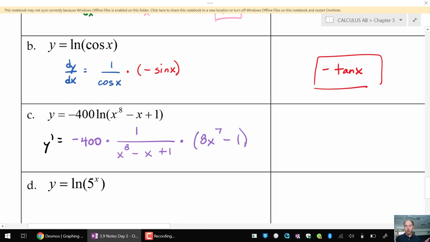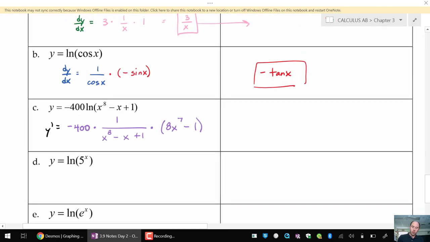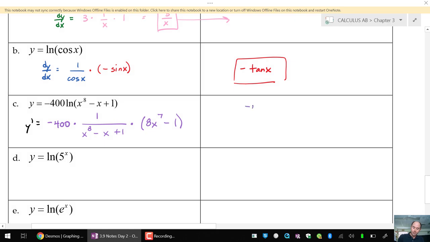The derivative of the plus 1 goes to 0. So there it is. I'll put the negative 400 up in the numerator. I'll put my binomial also in the numerator, all divided by the degree 8 trinomial. So there's the derivative.